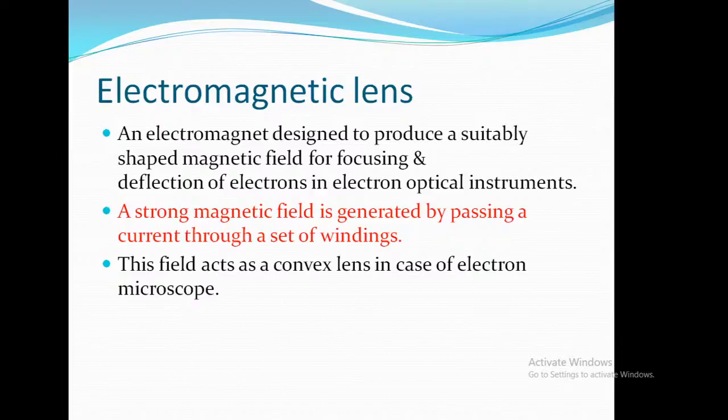A strong magnetic field is generated by passing current through a set of windings. This field acts as a convex lens in the electron microscope.